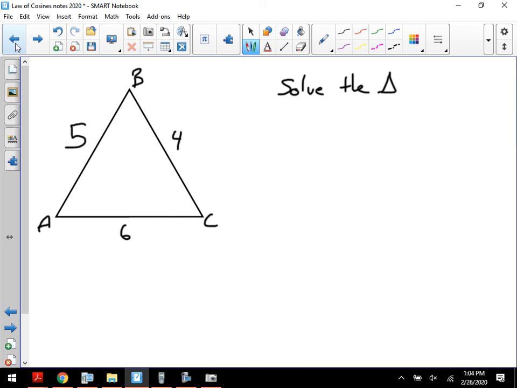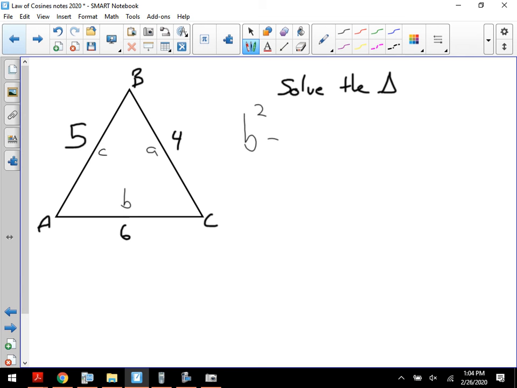So if I'm looking at this triangle ABC, little a is 4, little b is 6, little c is 5. Which of those three is the largest angle? B. So we write out the law of cosines in terms of b.